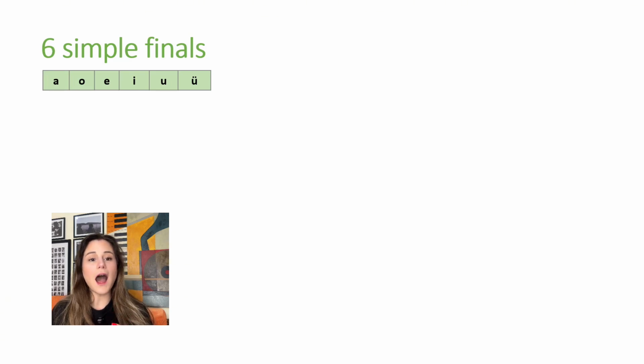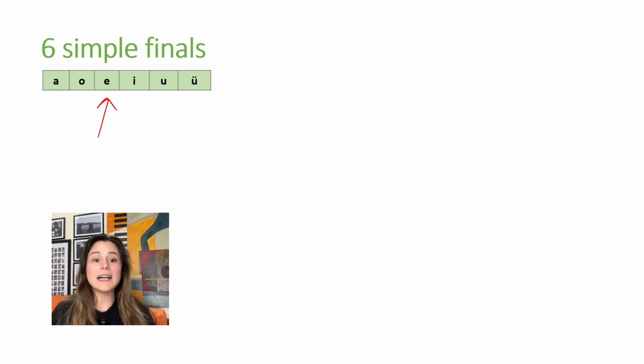As you can see, the size of my mouth is quite large when I say a, compared to o. A and o are quite easy to pronounce, but now let's focus on the third one.